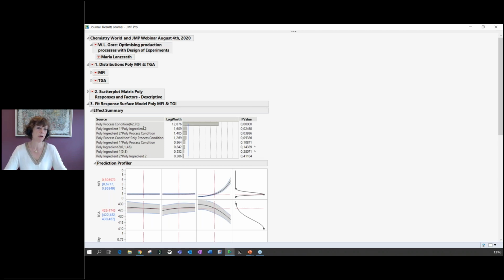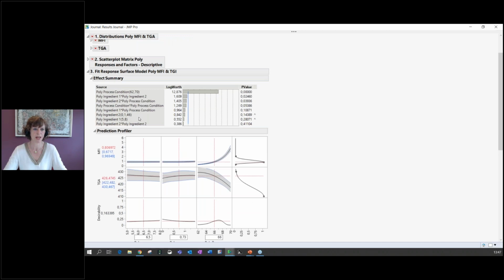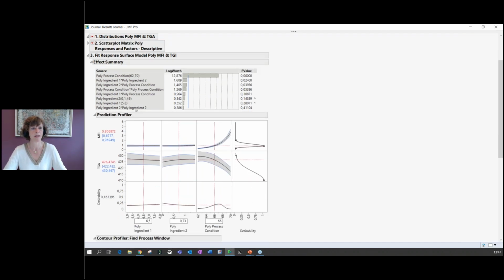You get an overview for both responses overall. What is the importance of the factor? And you can see that process condition is pretty overwhelming. Everything else is of minor importance to the results of the MFI and the TGA. For example, this one is even insignificant, but I'll leave it where it is.